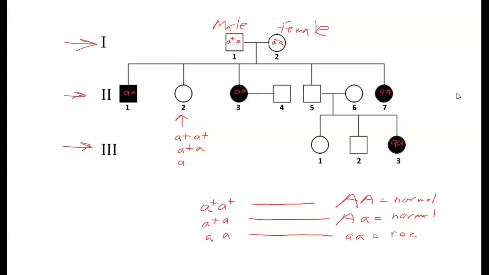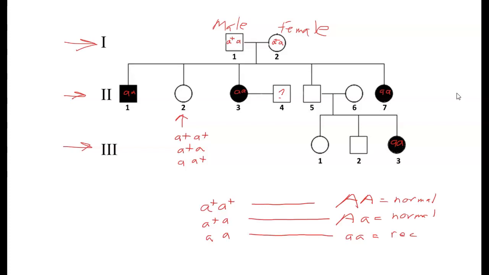It could be this from dad and that from mom. So we don't really know which of those three it is. That particular individual, we're not sure what the genotype is. This person right here, we have absolutely no idea as well, because they're not even related to the rest of the family. But obviously this person would have to be heterozygous or homozygous dominant.